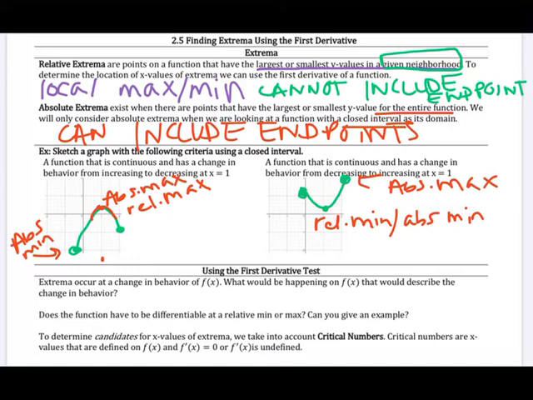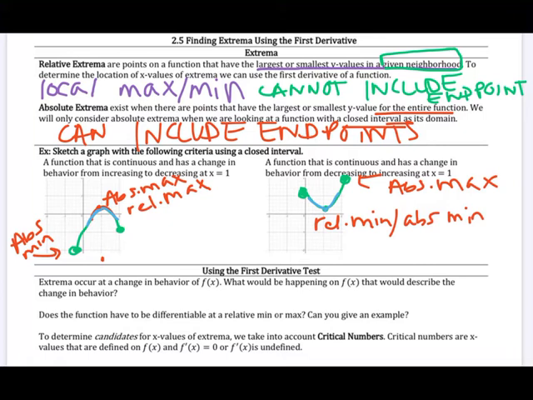But how do we mathematically identify extrema? That's what we're going to focus on in the rest of this section. So the first thing to think about is what's actually happening at an extrema. This function is increasing, then it hits the extrema and it starts decreasing. Or this function is decreasing, it hits the extrema and it starts increasing.